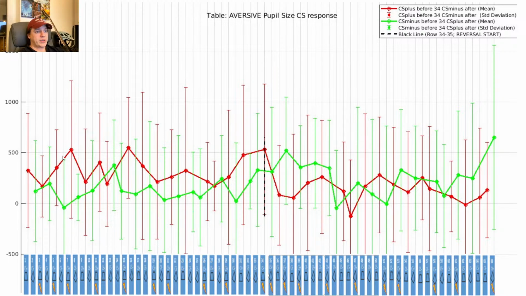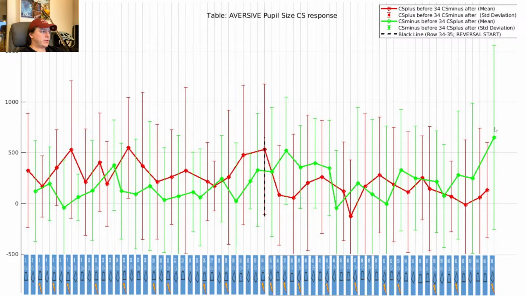Well, we can see that there is actual conditioning, but for aversive stimuli, the conditioning is very, I would say, fast. So they became conditioned to the electrical stimulation almost from the beginning of the experiment. Even in the first half, during the first 16 trials, we see that the red line is higher than the green.